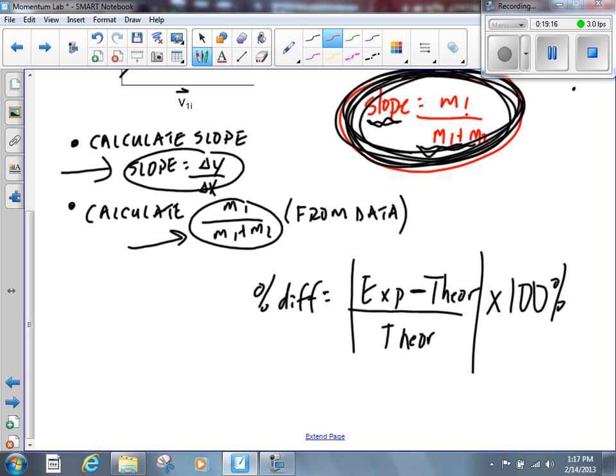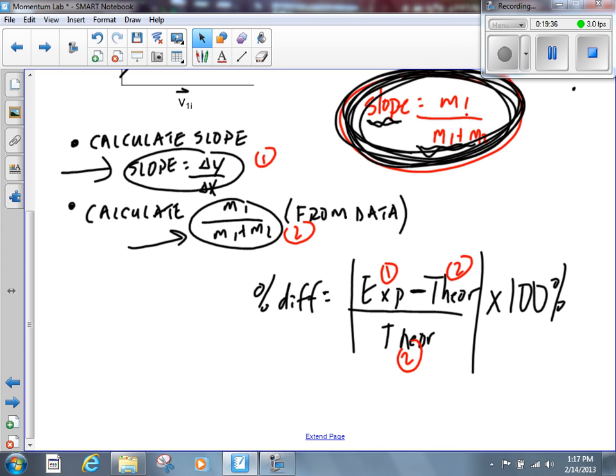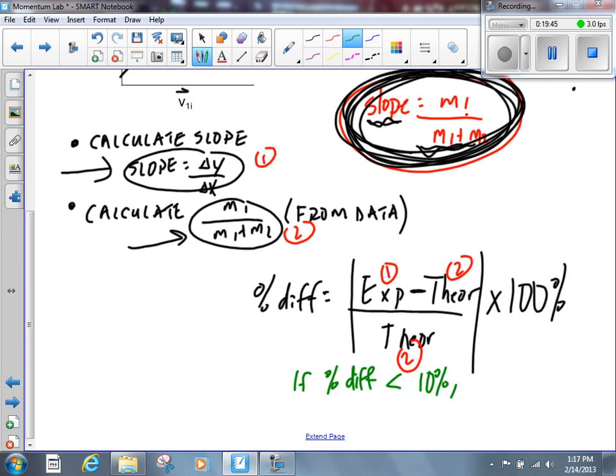Is it the first one or the second one? It's the first one. The theoretical value is the second one. So it's the slope minus M1 over M1 plus M2, over M1 plus M2, times 100. We're going to get a value for that, and we're going to say that if the percent difference is less than 10%, the law of conservation of momentum is verified.